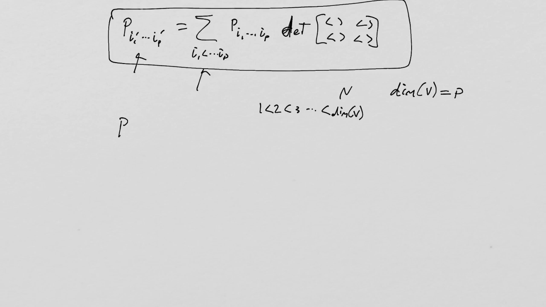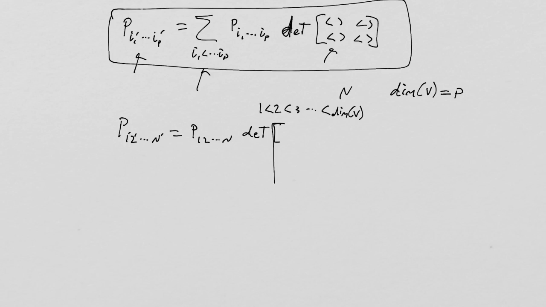So P with primes, 1, 2 to N equals P 1, 2 to N times the determinant of, and now it's the full determinant of this thing, right?